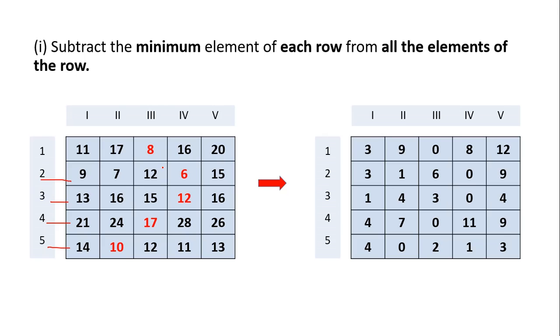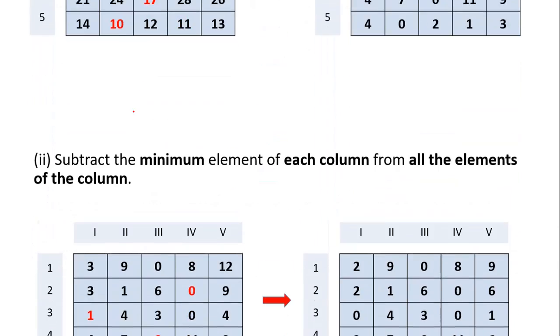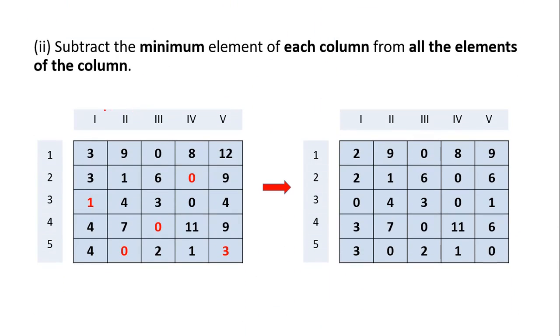Now the next step is to subtract the minimum valued element in each column from all the elements in that particular column. Here it goes like this. In this column you can see the least valued element is 1, and the highlighted values are as given here.